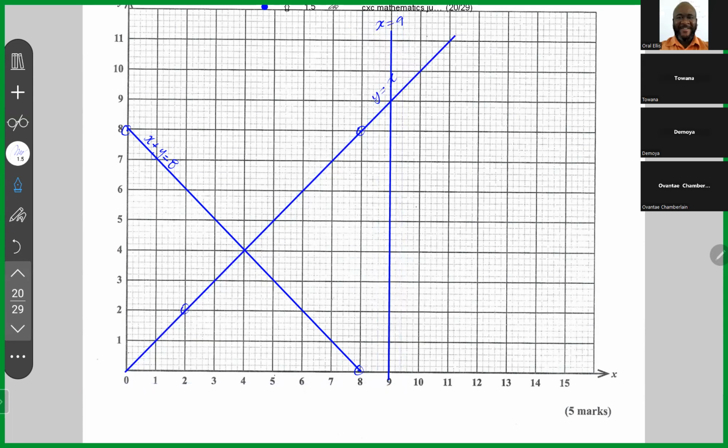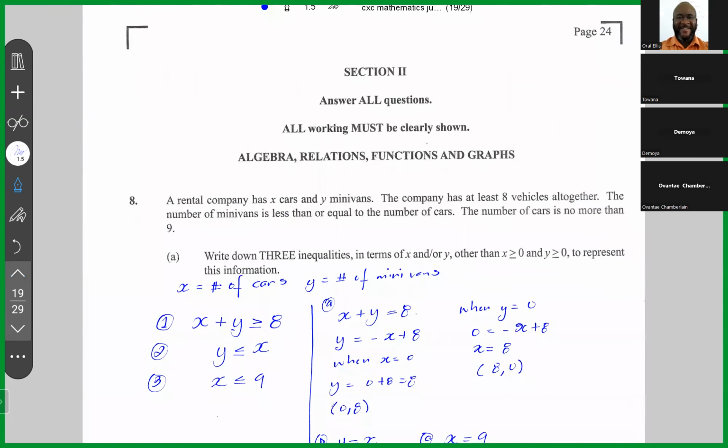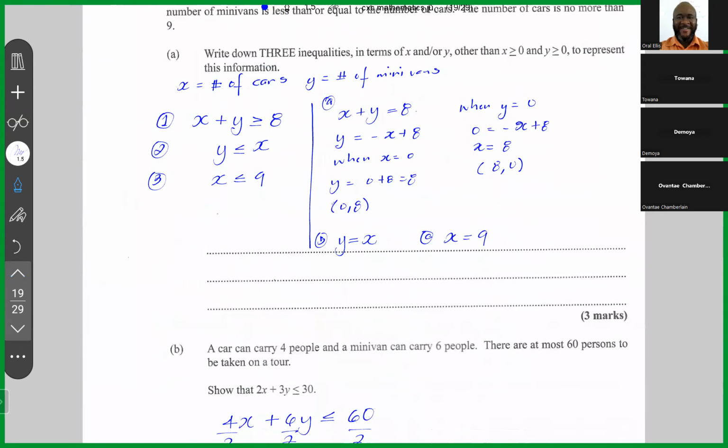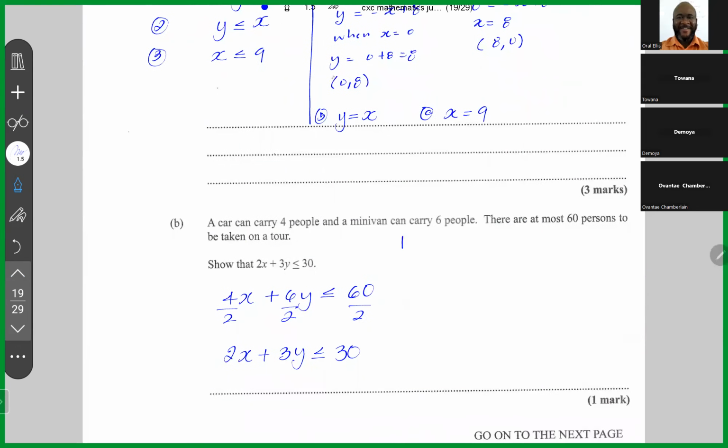So I've gone through the inequalities already, only one remains. The last inequality we have to draw is, sorry, the straight line associated with the inequality 2x plus 3y is less than or equal to 30 is the straight line 2x plus 3y is equal to 30. 3y would be equal to minus 2x plus 30.